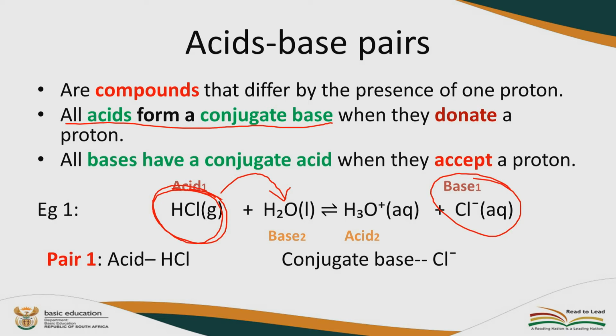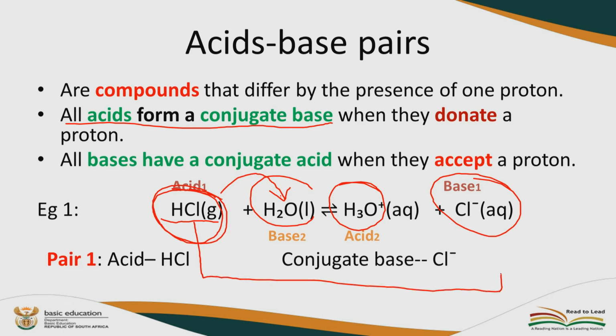Meaning that when you look at this hydrochloric acid, as it donates a hydrogen ion to water, water changes from being water and becomes a hydronium ion. So this acid and these chloride ions are now the conjugate base. What are conjugate acid-base pairs? Conjugate acid-base pairs are compounds that differ by the presence of one proton.